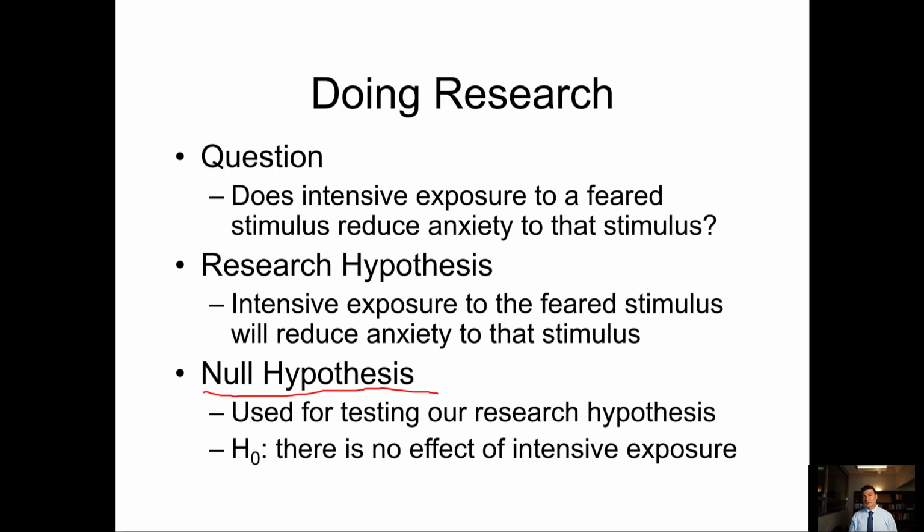If we do our study and knock this down, meaning we found something happening, then we reject that null hypothesis. Our research hypothesis is our guess, what we think will happen. The null hypothesis is saying nothing is happening, and that's what we're hoping to knock down.